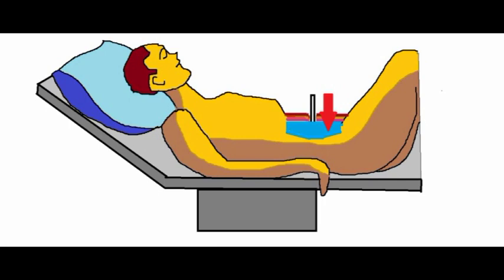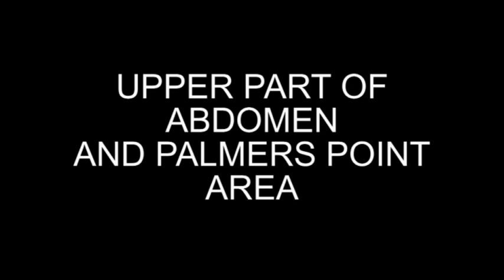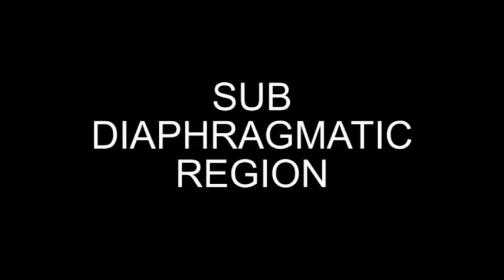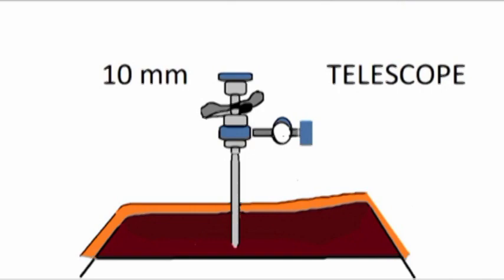The area below the entry point is checked for any injury and then a 360-degree check of the abdominal cavity was done, especially the upper part of the abdomen at the Palmer's point area and below the diaphragmatic region for any adhesions and scarring, and the location of adhesions was noted. Then a 10 mm telescope is entered at an adhesion-free area.